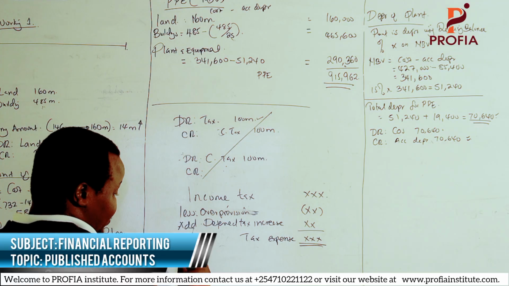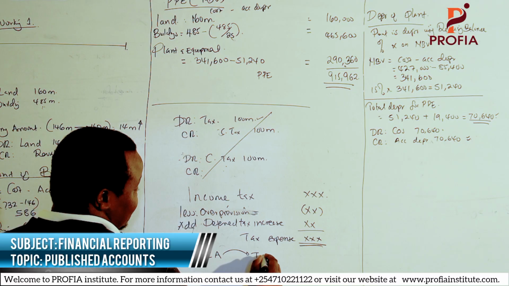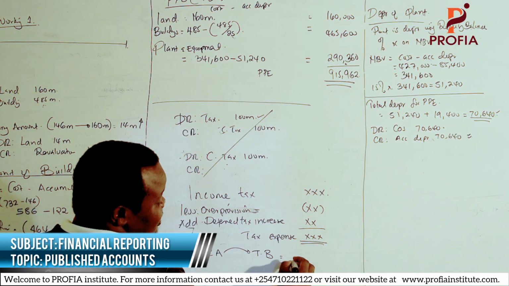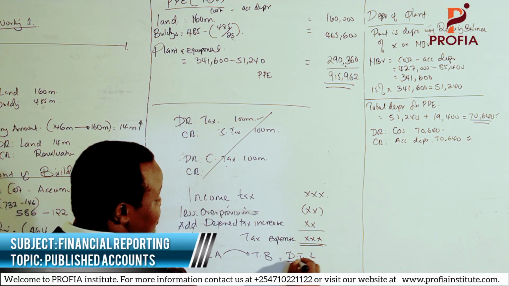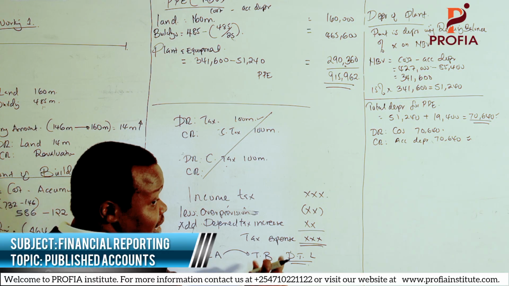Deferred tax is a situation where we compare the carrying amount versus the tax base. And I said if the answer is positive, it is going to lead to deferred tax liability. So this is what we call the temporary difference.